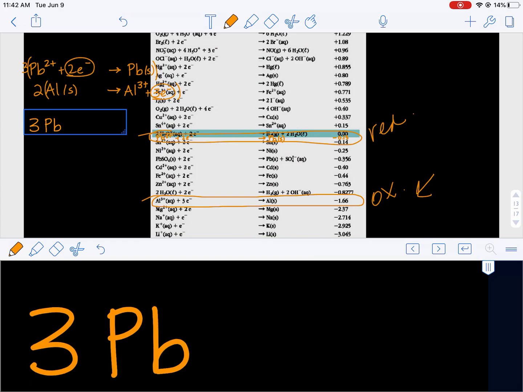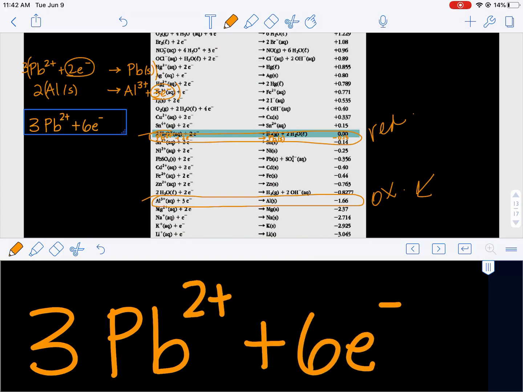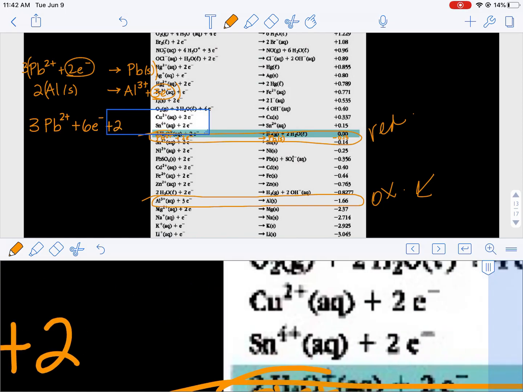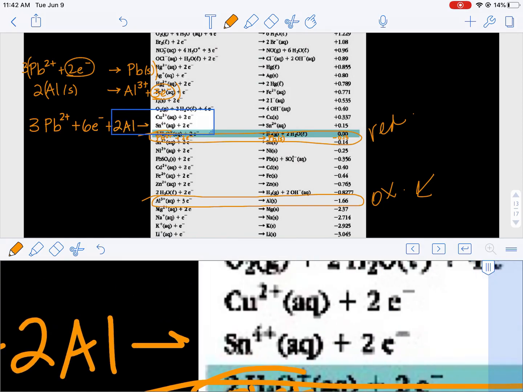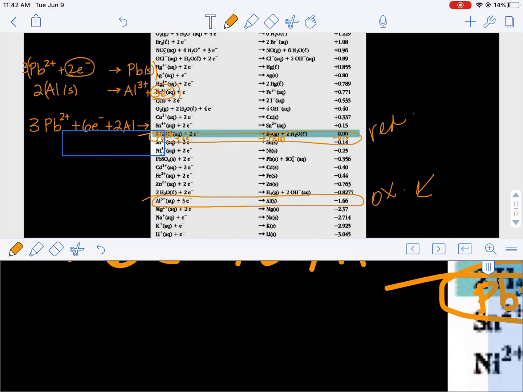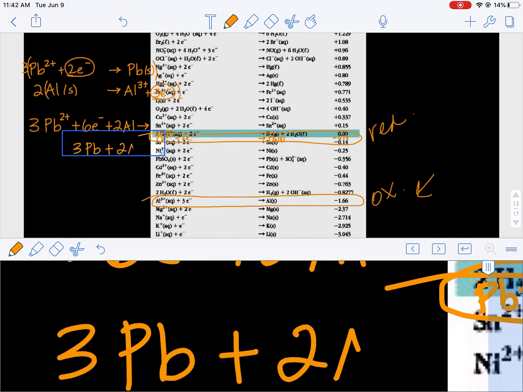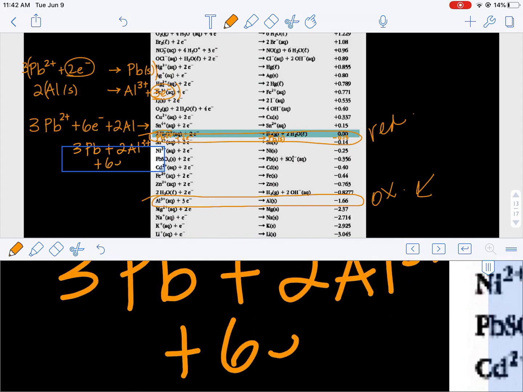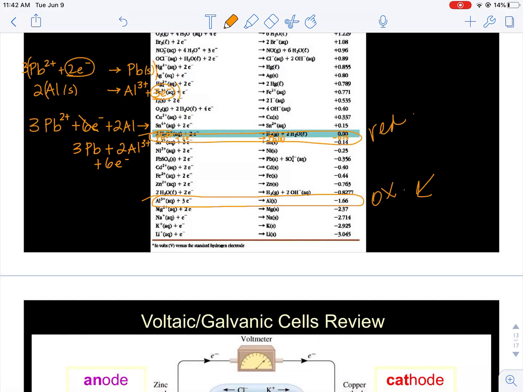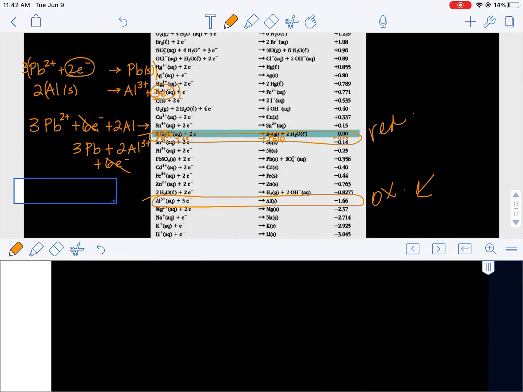In other words, we need 3 moles of the lead 2+ ion, which would give us 6 electrons, and 2 solid aluminums to give us 3 solid leads, 2 aluminum ions, and 6 electrons lost. The 6 electrons show up on both sides, so they cancel each other out.